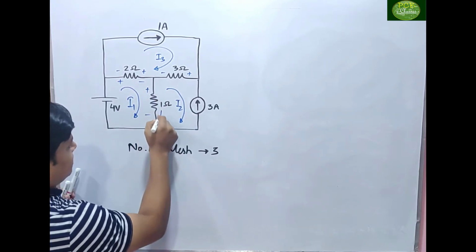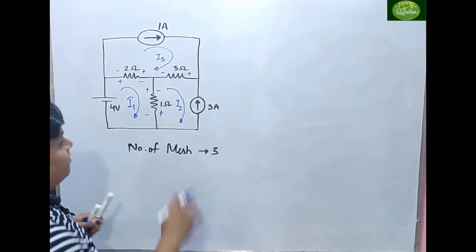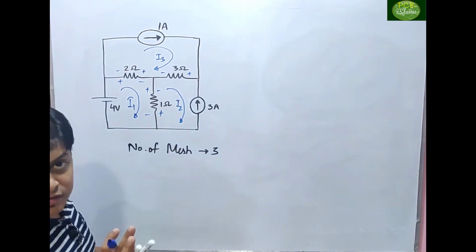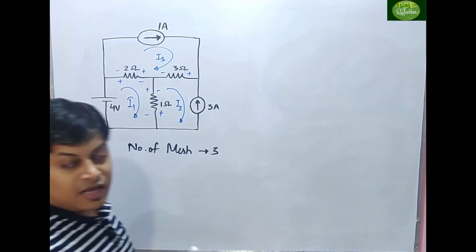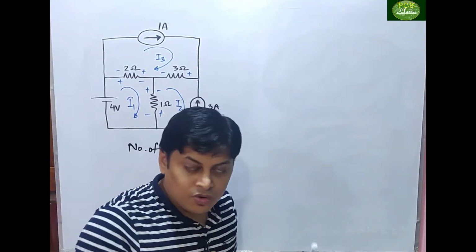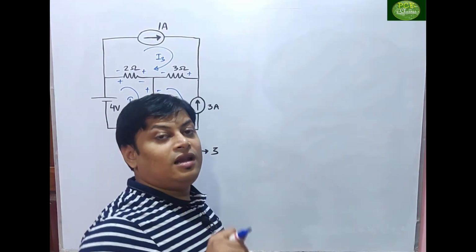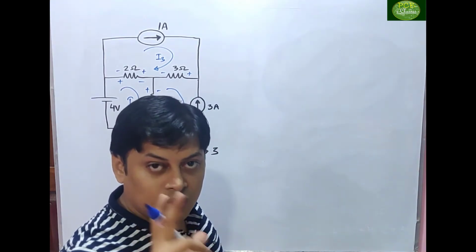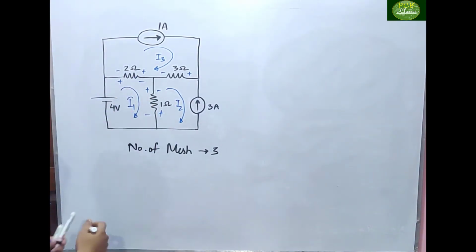I2 is entering this side, so this will be positive, negative. Fine. But can we apply KVL in the outer loop if a current source is present across it? No, we cannot apply KVL if a current source is present unless the voltage across it is known to us. So apply the mesh analysis only in loop 1.